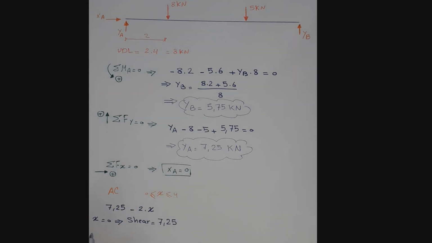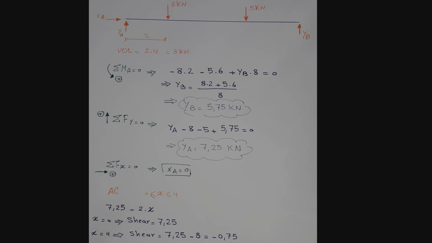At the end of the segment, x equals 4. Then shear equals 7.25 minus 8, which is minus 0.75. We will draw while studying the segments.